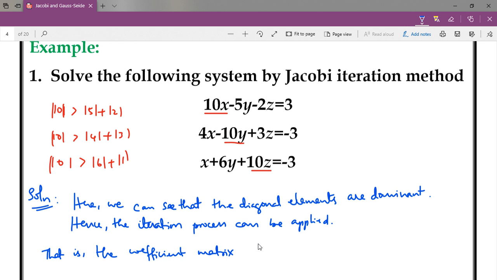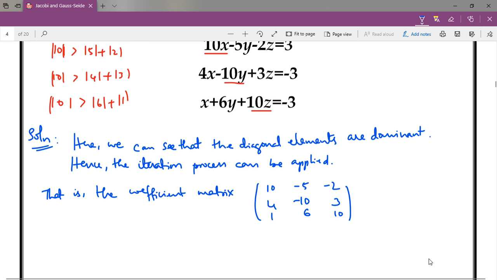So that is the coefficient matrix. What is the coefficient matrix? We can write: 10, minus 5, minus 2; 4, minus 10, 3; 1, 6 and 10. So this coefficient matrix is diagonally dominant.